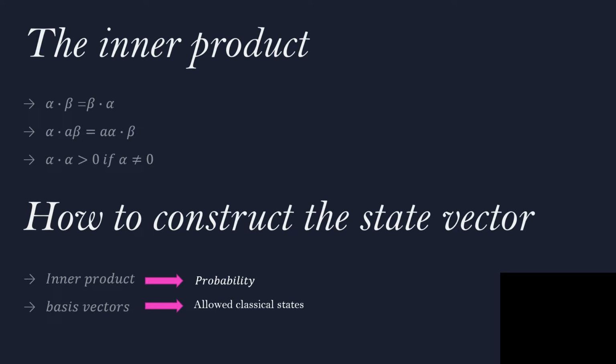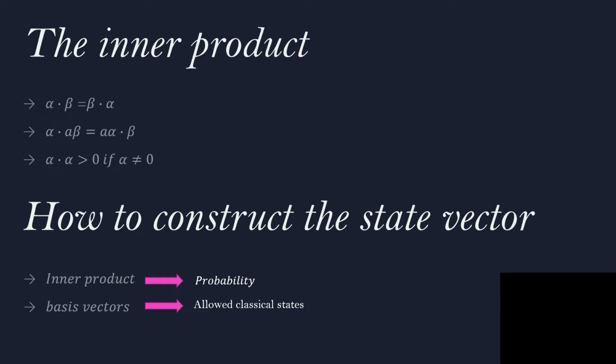So now how do we go about really constructing the state of a vector? How do we go about describing the system in terms of state vectors? Well, the inner product refers to probability, as I mentioned. It tells me how likely is it that I'm going to measure a system in one of the substates that that state describes.